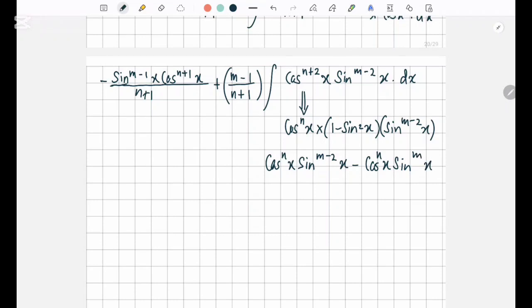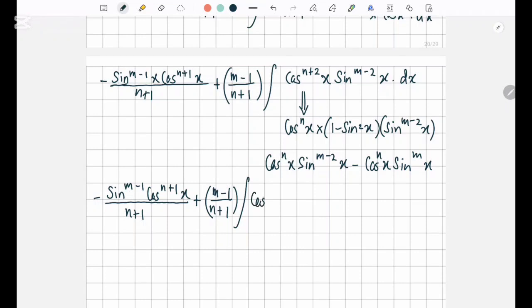So now you can write minus sine m minus 1 into cos n plus 1 x over n plus 1 plus m minus 1 over n plus 1 to the integration of, let's break it down into two separate ones.